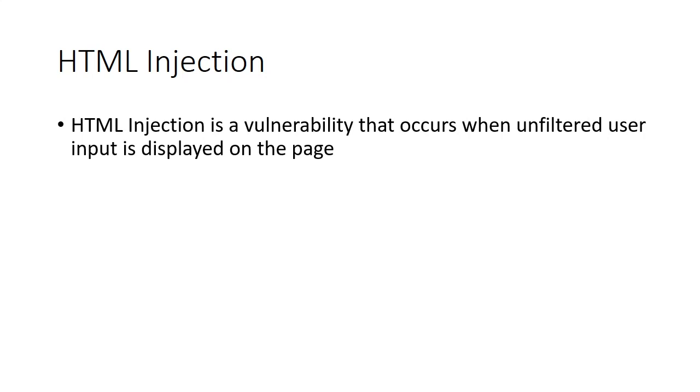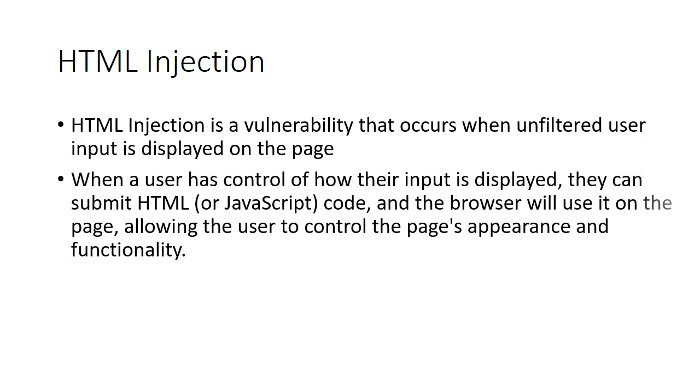So input sanitization is very important in keeping a website secure. When a user has control of how their input is displayed, they can submit HTML code or JavaScript code, and the browser will use it on the page, allowing the user to control the page's appearance and functionality.